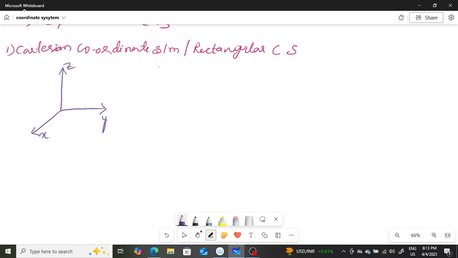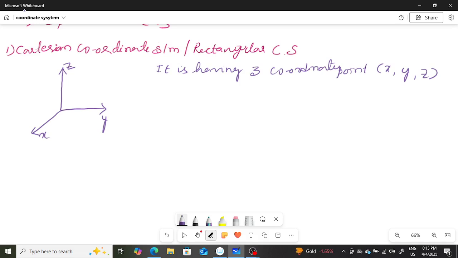The Cartesian coordinate system has three coordinate axes, which are x, y and z.